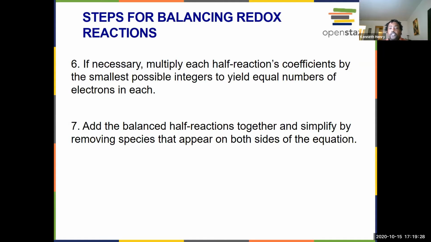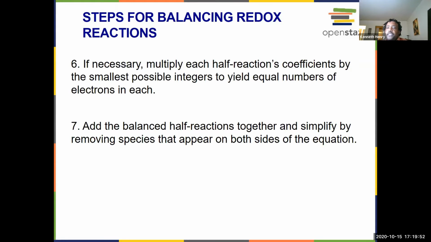And then you're going to add up the 2 equations so that you get the last parts of it all balanced. And then you're going to get rid of all of the species that you see on both sides, the spectators. Okay? You guys got it?